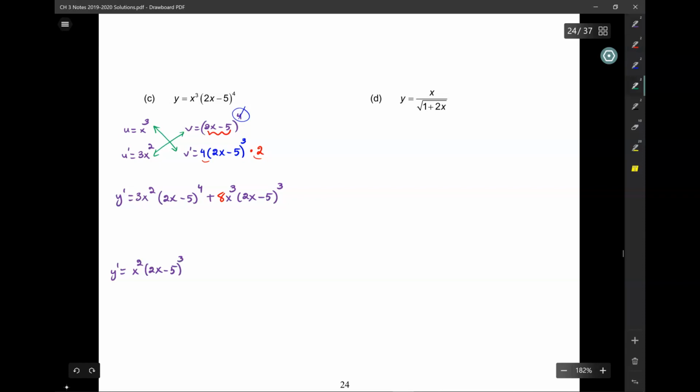Factoring out is like dividing each term by what you're factoring out. So when I factor this out, I get 3 times (2x minus 5) plus 8x.